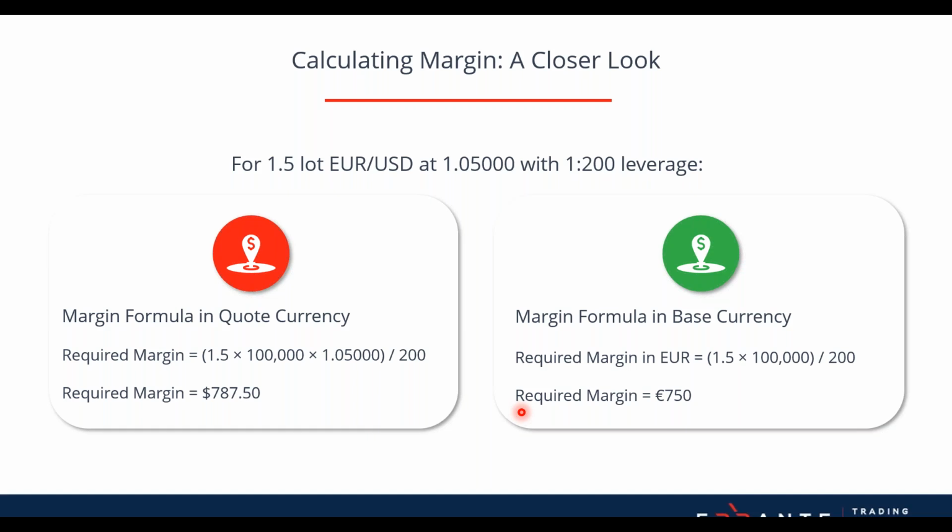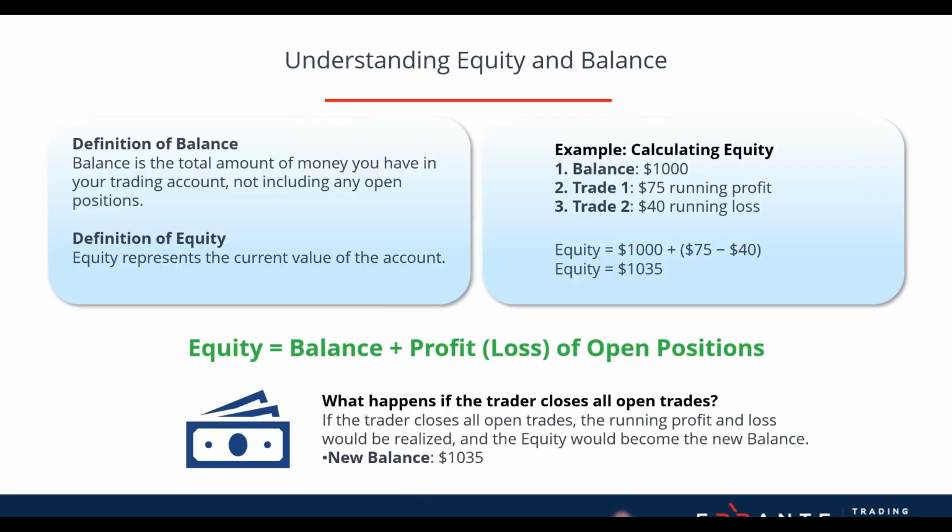For instance, with a 200 leverage and a 1.5 lot EUR/USD trade at 1.05, the required margin would be $787.5 in USD and 750 euros in terms of the base currency. Remember, the margin acts as a sort of collateral, ensuring you can honor the trade.